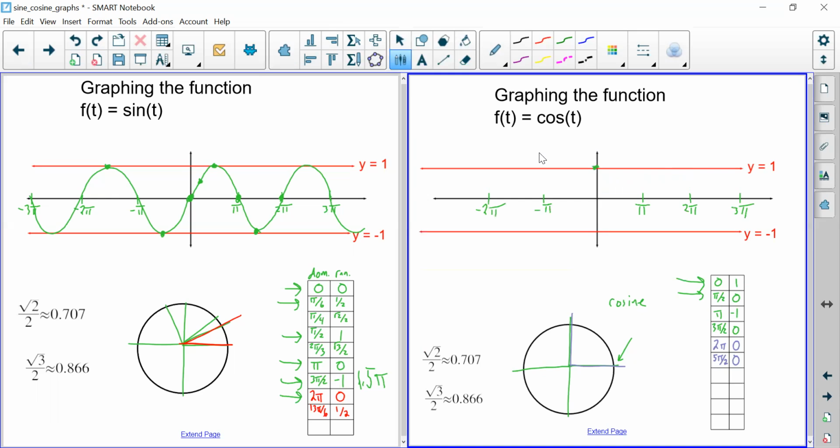So pi over 2 would result in 0. Halfway between 0 and pi is pi over 2, and the result is 0. Pi results in negative 1. 1.5 pi results in 0, and 2 pi, whoops, 2 pi is 1. Shame on me. Sorry about that. 2 pi results in 1.